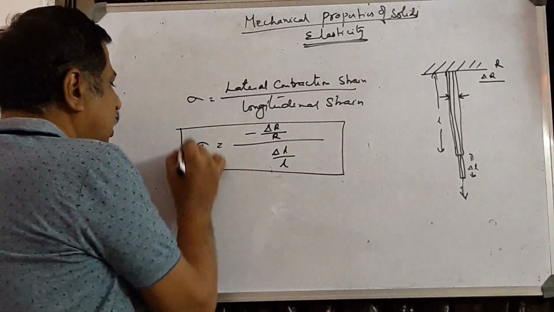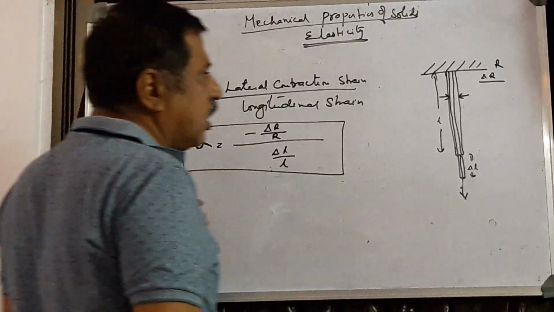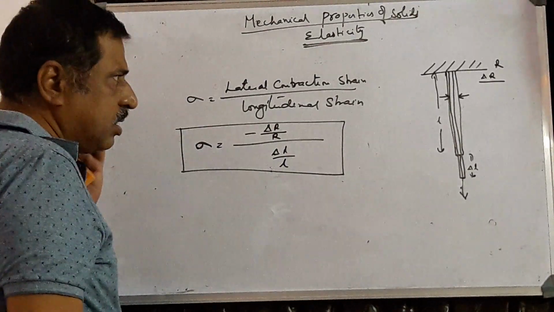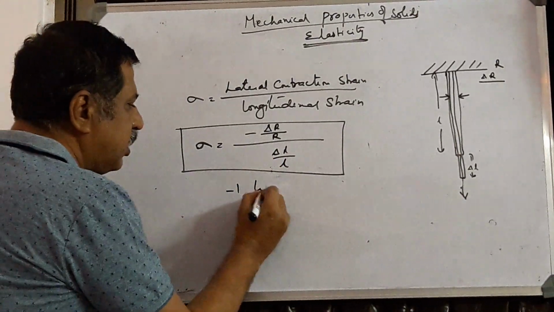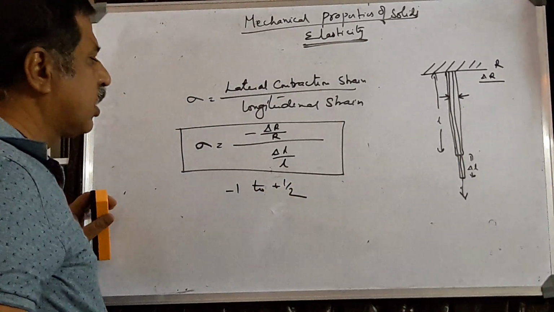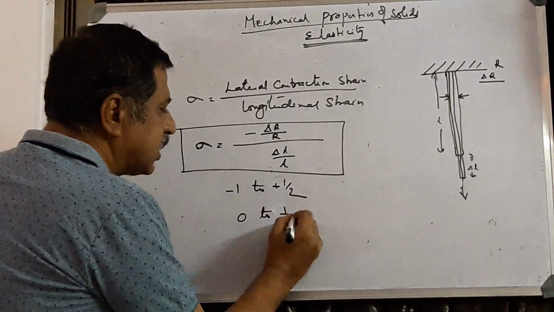For example, its value changes from -1 to +1. These are the theoretical limits of Poisson's ratio, and the practical limits are 0 to +½.